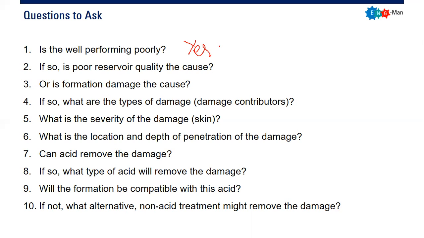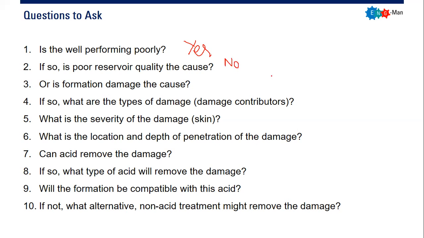So you better answer no to question number two, so that finally you will get the answer, yes, you can do acidizing. So if you will do the acidizing, number two should be no.